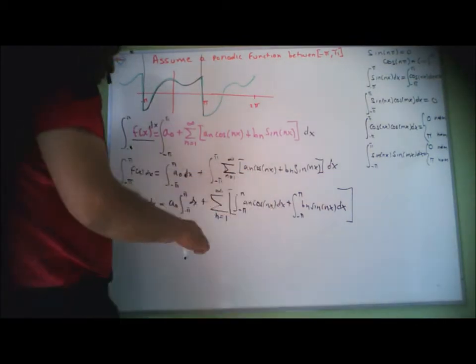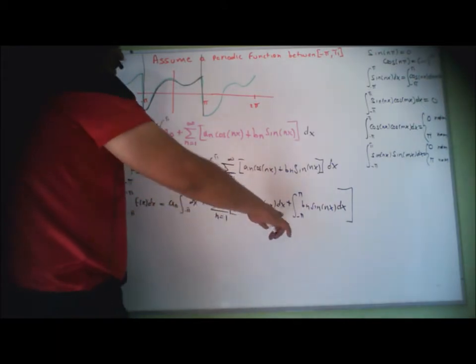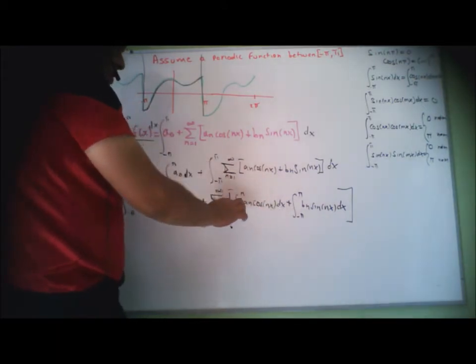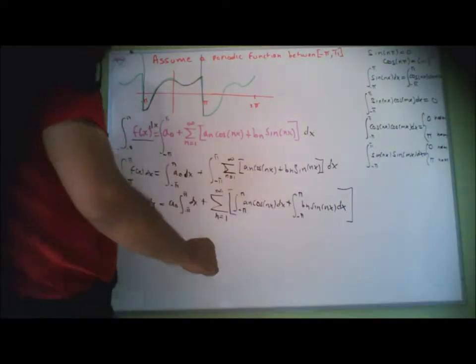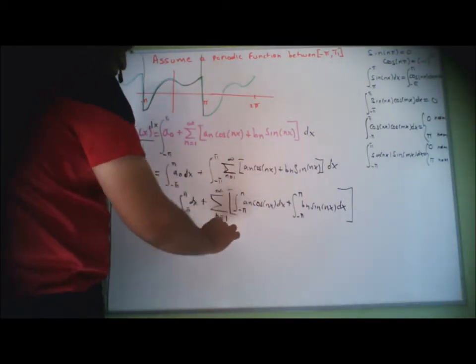As I said before, the coefficients are constant because we are taking the integral with respect to x, so the constants can be taken outside. So this is the same; we are just going to change this.